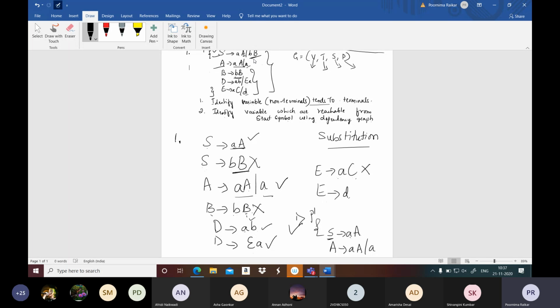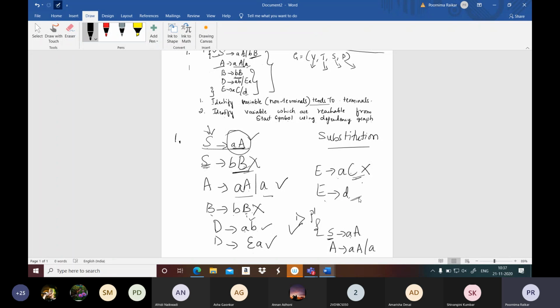And I can say this has useless variables. In this case, B is a useless variable and C is a useless variable. Why? From B and C, I cannot generate a terminal string. But S is not useless. The rule S goes to PB is useless, but S is useful because from S I can generate my terminal string, and S is my start symbol. In the first step, I can say B and C are useless because I cannot substitute B or C with small letters, that is, terminals.